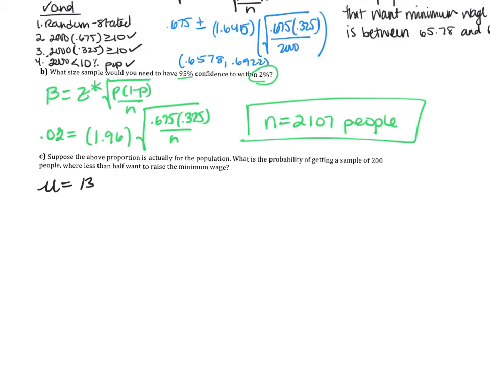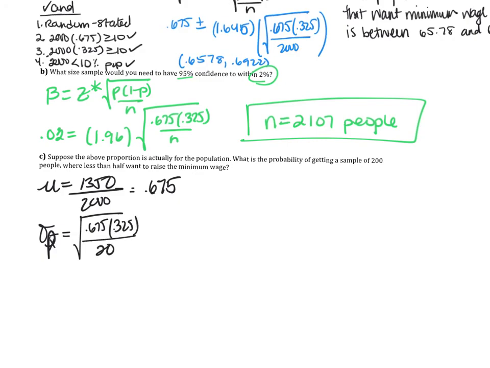This is just telling you that p is still 1,350 over 2,000, which is 0.675, but that your sigma sub p is going to be the square root of 0.675 times 0.325 over 200, which is 0.033.